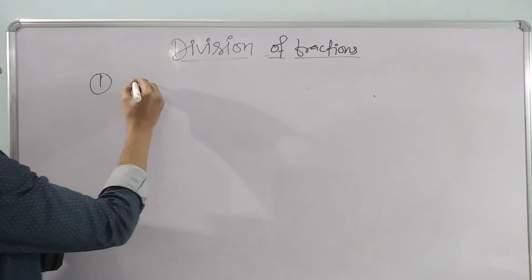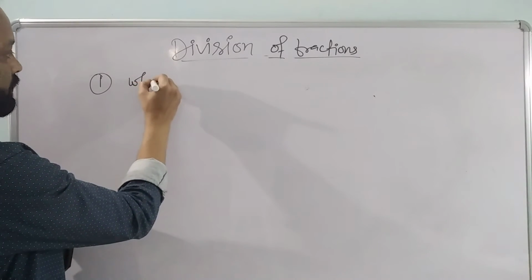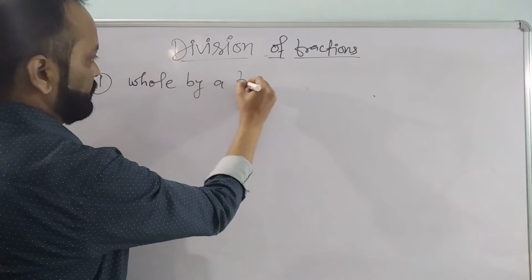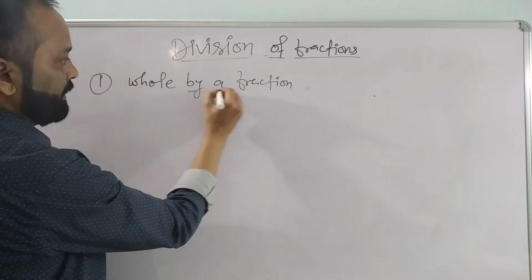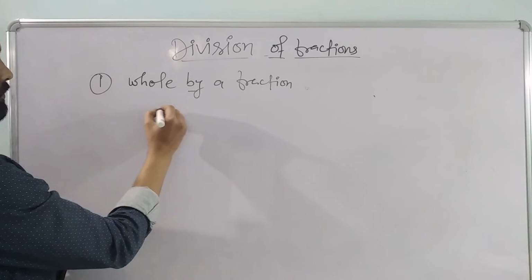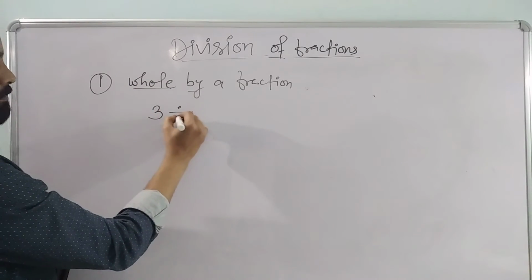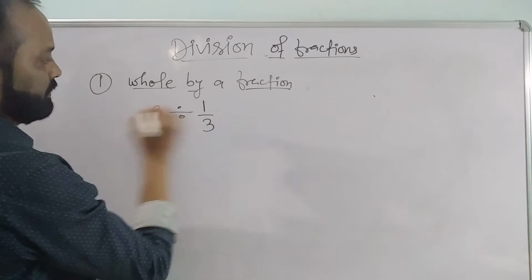The first one is a whole divided by a fraction. So the example is 3, this is whole, divided by a fraction. So let's suppose it's 1/3.